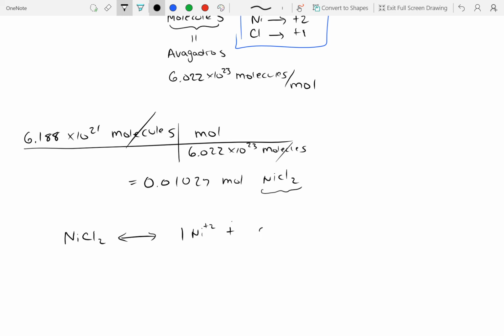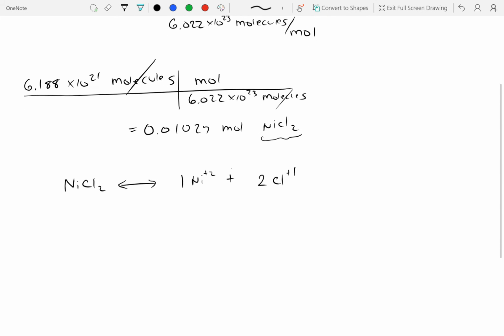And I get 2 Cl's all floating around in there, and Cl is plus 1. And so because now this is what's floating around, and I have this many moles of Ni and Cl, I have to now multiply that amount of moles by the amount of ions that I have floating around once they split up.